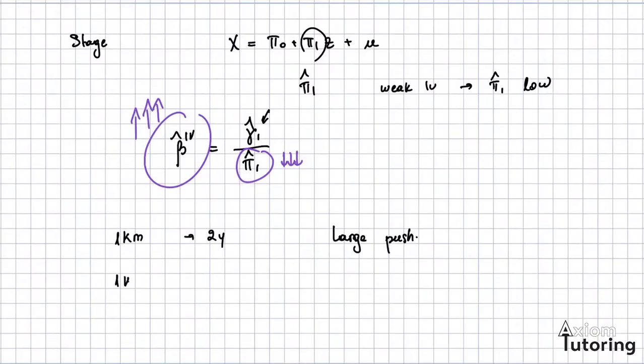However, if that 1 kilometer just pushes it by 0.01 years, this is quite small, practically nothing. So in scenario B, the instrument is technically relevant, but the effect is so small that it's almost useless. Now the IV will be computed, but it will be extremely unreliable, okay?